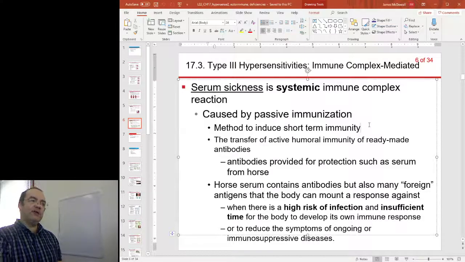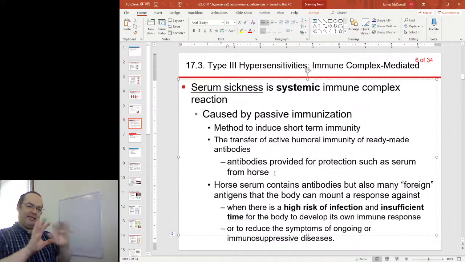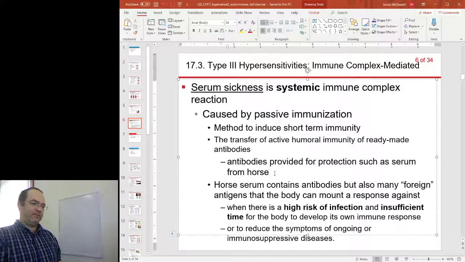That antivenom consists of antibodies, pre-made antibodies. And those pre-made antibodies typically come from another source, not a human, and often it is horses. Horses are big, they've got a lot of blood, therefore you can get a lot of antibody from them.